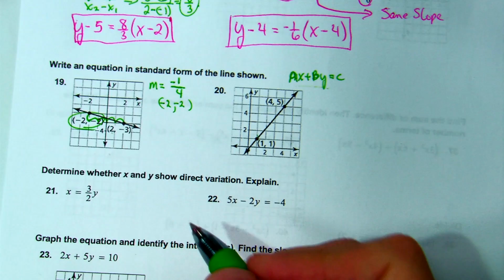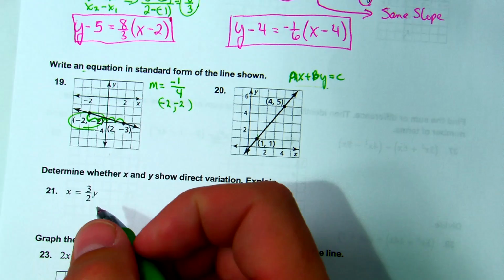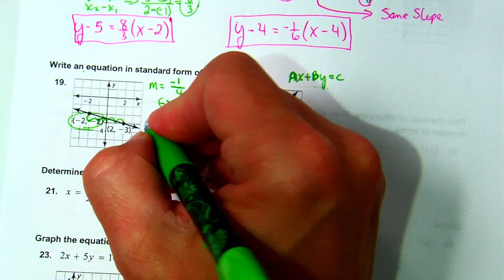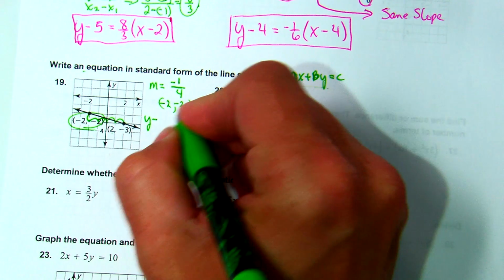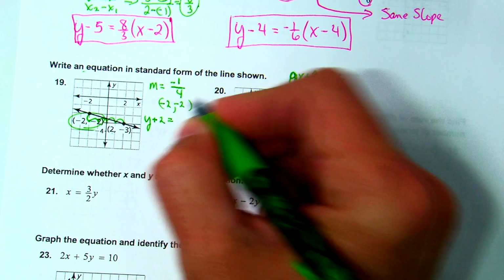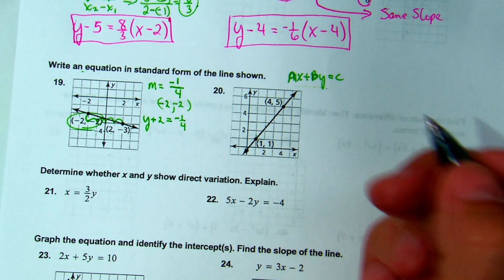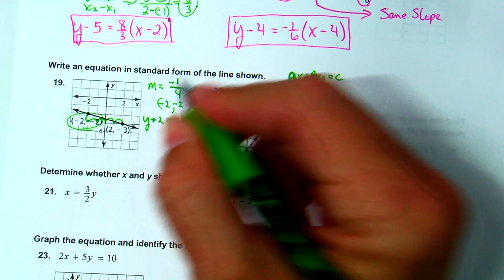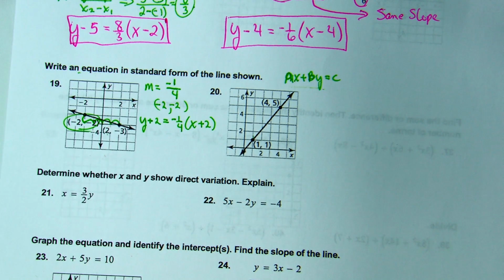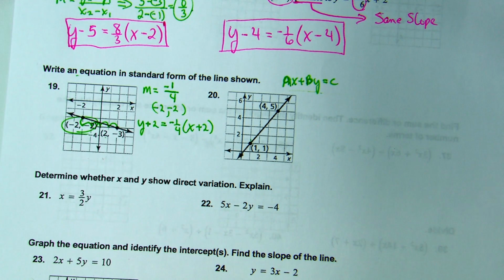I have a slope. I'm going to start out writing this in point slope form like the ones above, and then I'll just change it to standard form. So I'm going to have y minus a -2 at this point. We know that's just going to be y plus 2 equals the slope -1 over 4, times x minus a -2, which is just plus 2. Okay, so at this point now I can distribute the -1/4 into the parentheses.